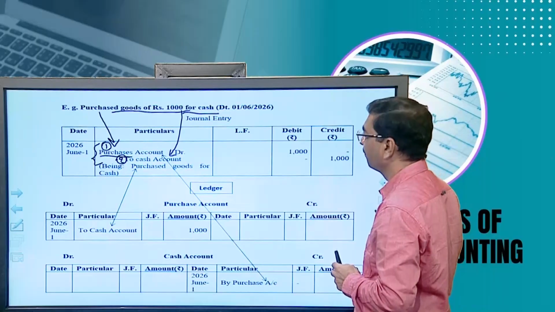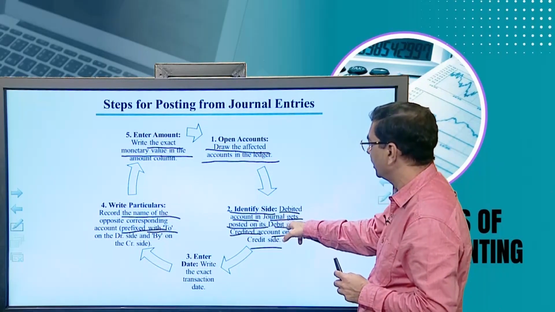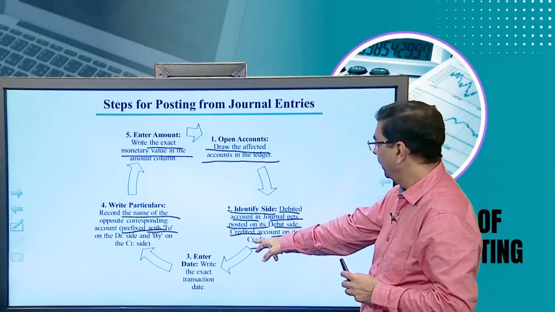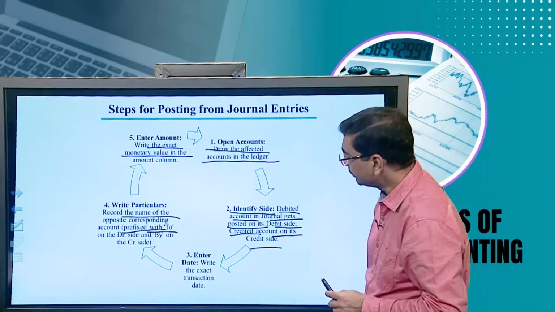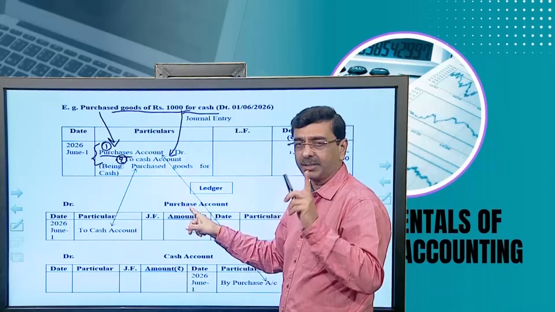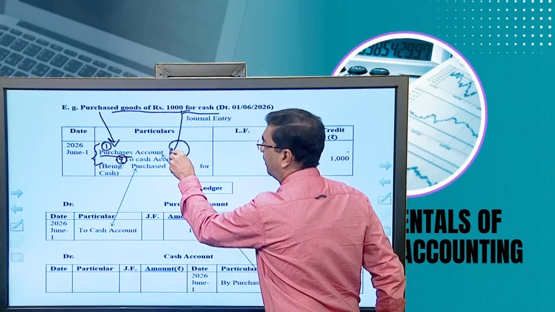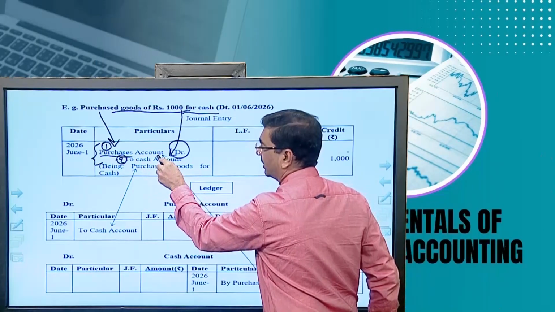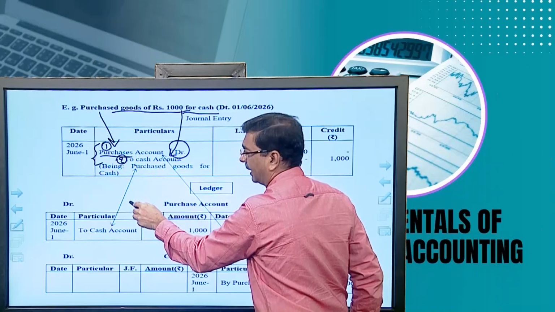Now go back again to the previous slide. The second is to identify the side: a debit account in general gets posted on the debit side and a credit account on the credit side. Now see the posting. We are posting first in the purchase account. The purchase account is debit, so this transaction is posted on the debit side of the purchase account, correct?